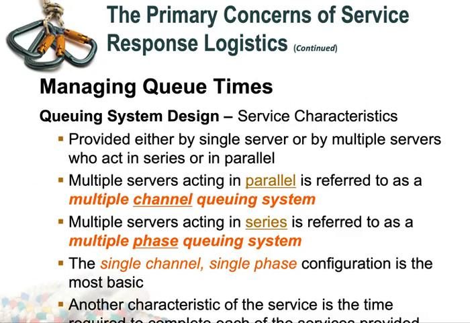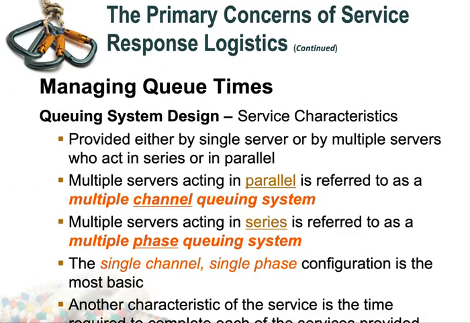After process one or process A, it is followed by process B, then you go to process C, D, and finally process E. Another example is if you go to the immigration office to apply for a passport, for example. I think it's multiple phases.